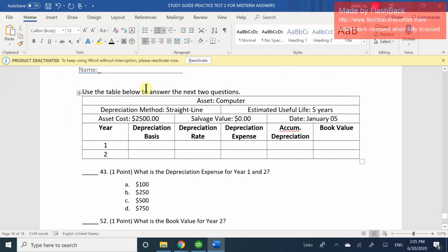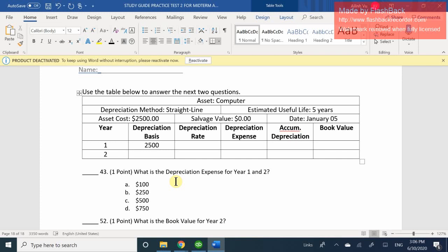Your depreciation method is straight line, its estimated useful life is 5 years, your asset cost is 2,500, and your salvage value is 0, with the date in service being January 5th. Okay, so what's the depreciation basis for this one? 2,500. Because you subtract the salvage value. Yes.